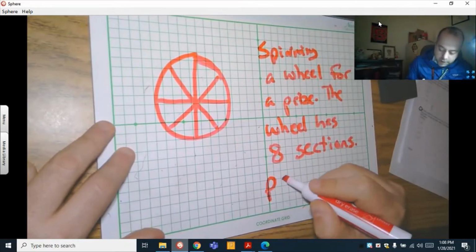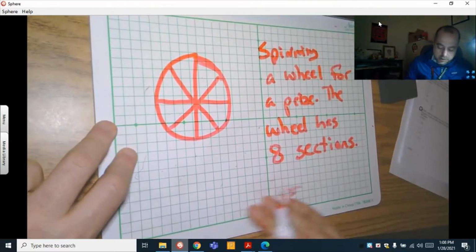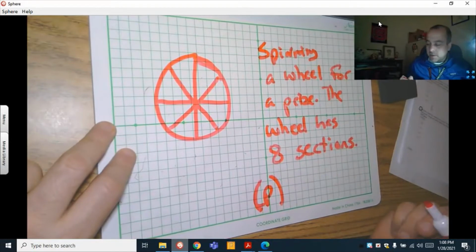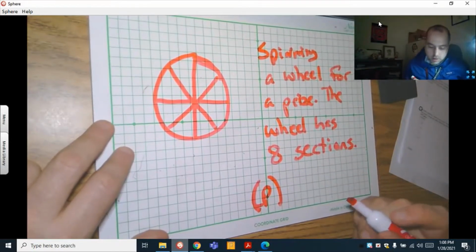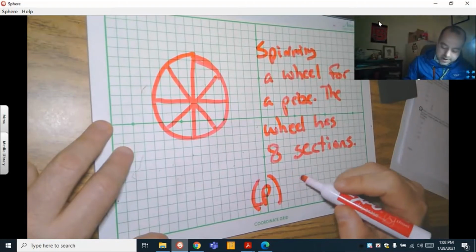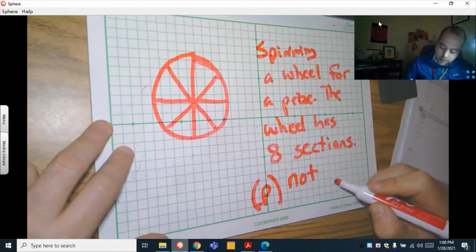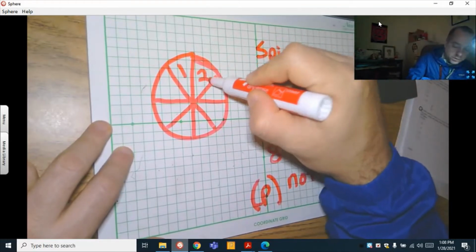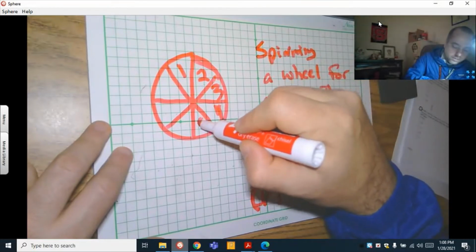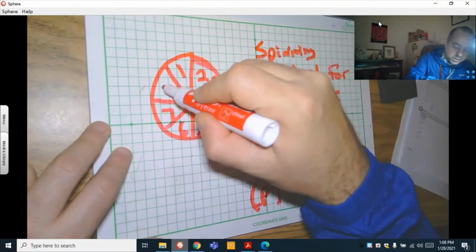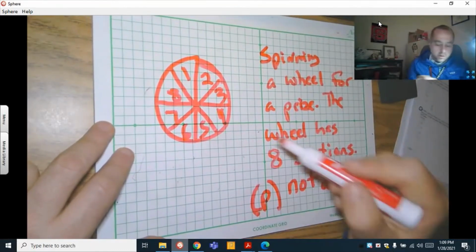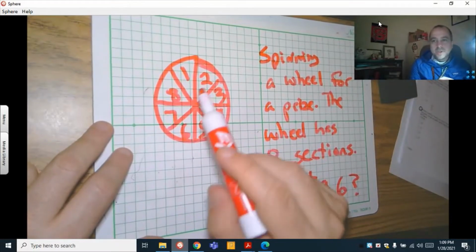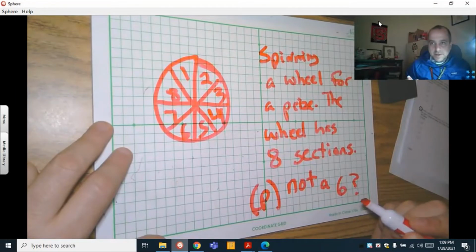What's the probability? That little p just stands for probability. Some people write it like that. What's the probability of not a 6? And I'm going to number these: 1, 2, 3, 4, 5, 6, 7, 8. So let's say you spun this wheel. What is the probability that the arrow lands on something not a 6?